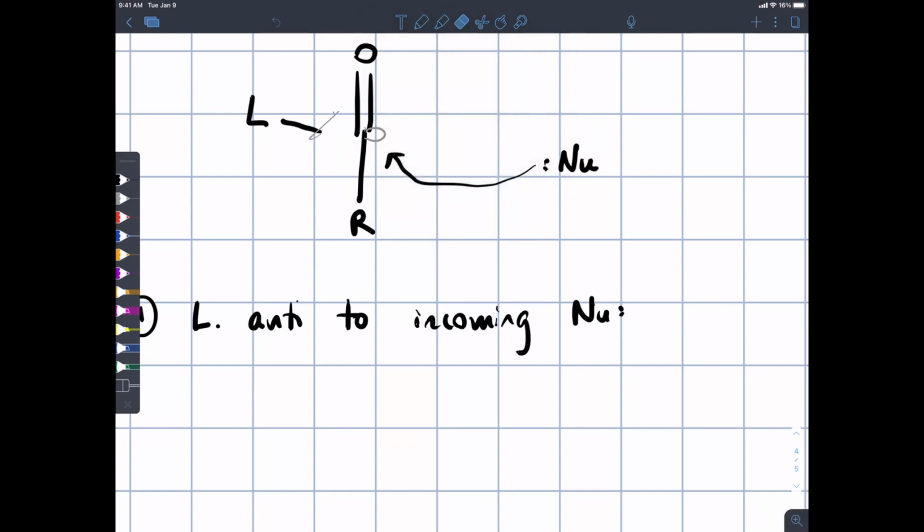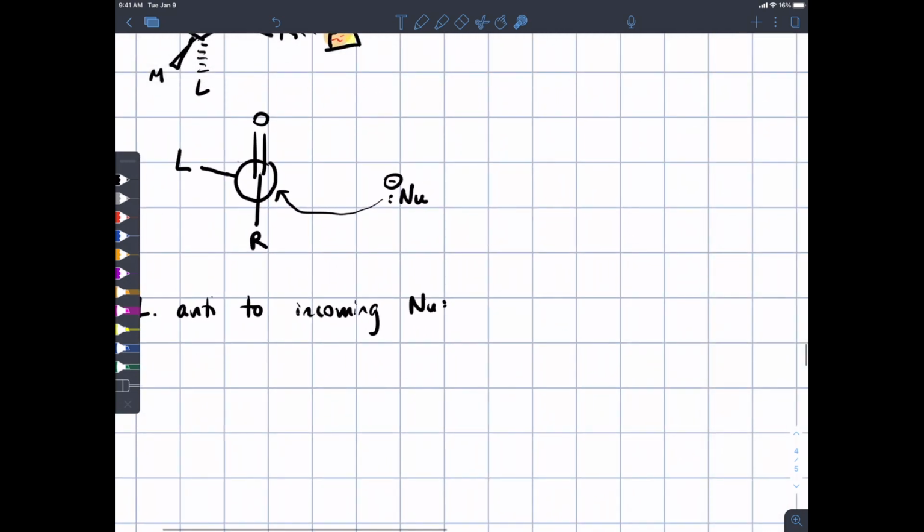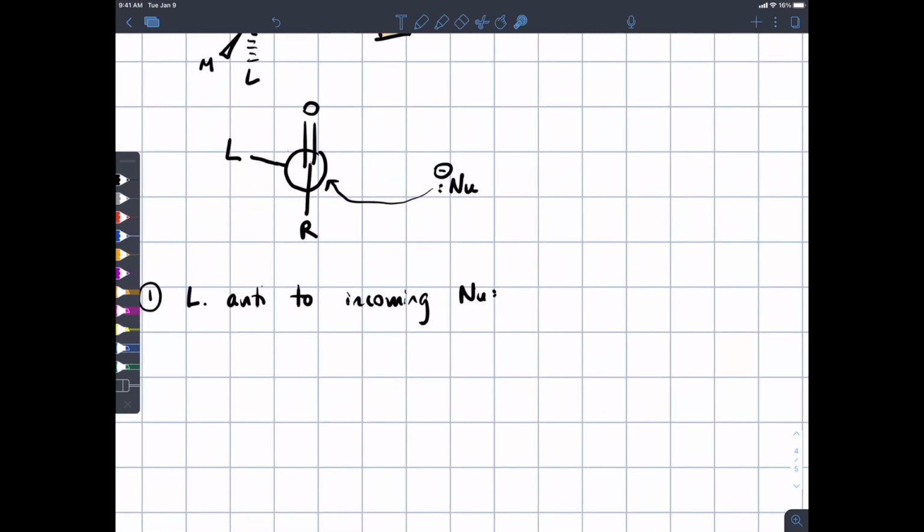And there we are. I've ruined everything. If we wanted to position, similarly, the sigma star from this large group bonding to the carbon on the other side of this Newman projection is going to be out here, and as the nucleophile comes in with its negative charge, it can donate electron density into that sigma star, and that's a favorable energetic effect. All right? Any questions you want to ask about that? Clear as mud.